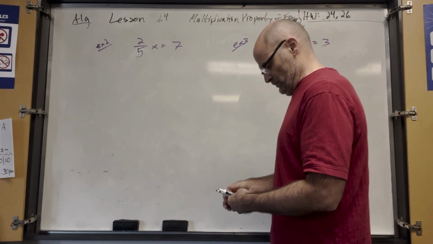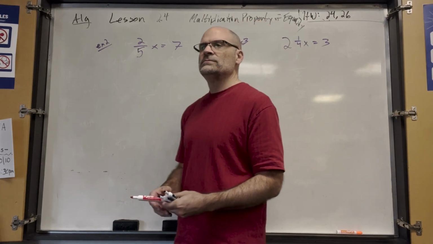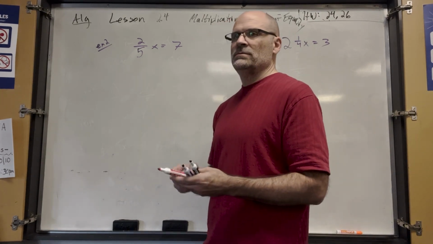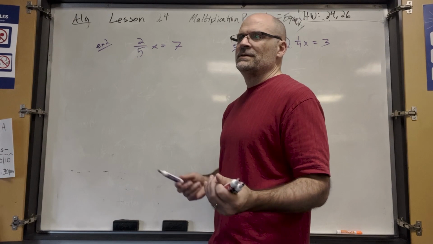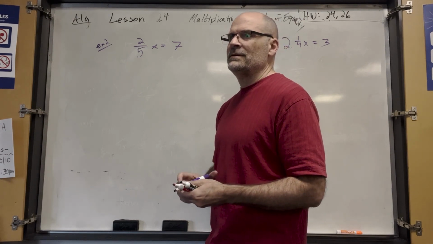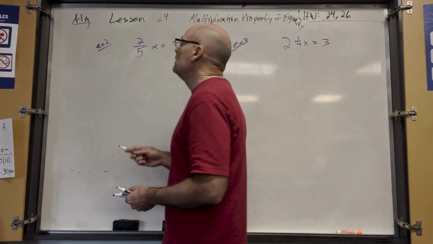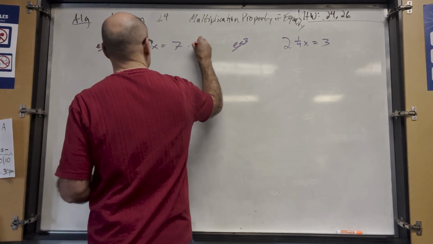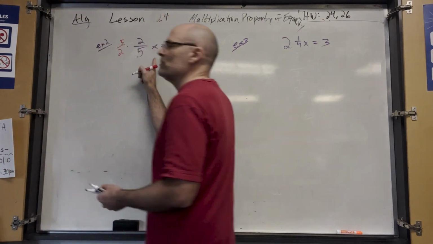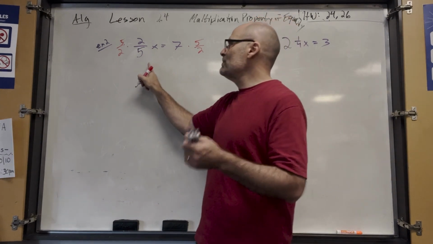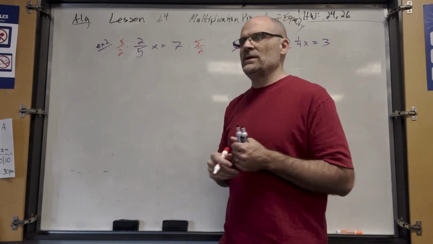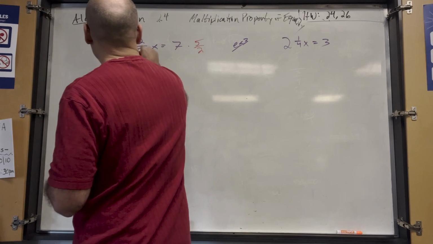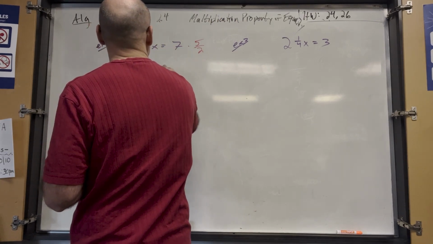Okay, what would you do? What did Kiara do? I flipped 2/5 into 5/2, and I applied it to both sides. Okay, so instead of doing the opposite operation, you did the same operation with the opposite. Good. So I canceled out on the first side to just get x.